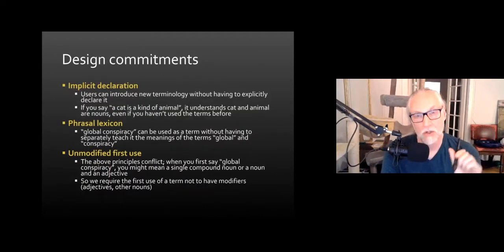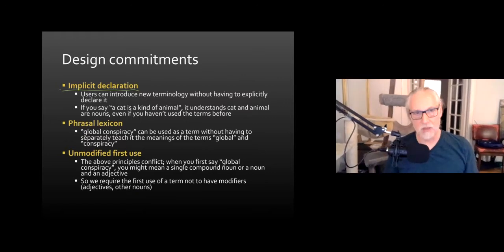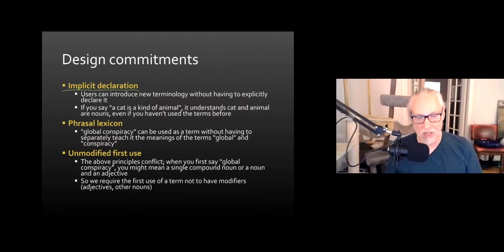All right, there are a bunch of design commitments in the system. We didn't want people to have to type a command saying Cat is a noun. We wanted you to just be able to start talking about cats and have it figure out from context that it's a noun. We also wanted to let you have compound nouns like global conspiracy without having to separately explain the concepts of global and conspiracy.